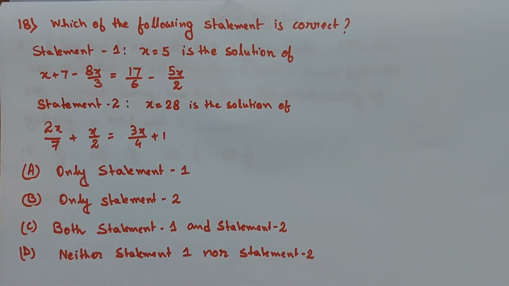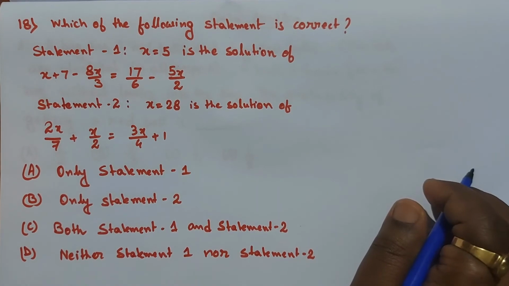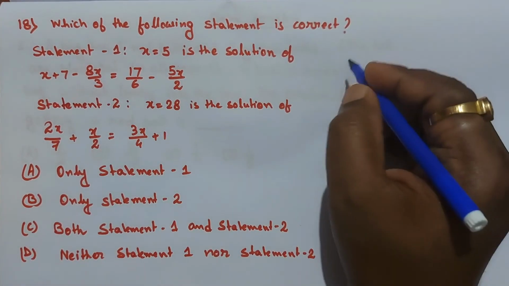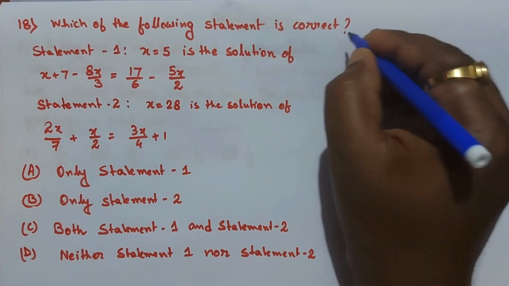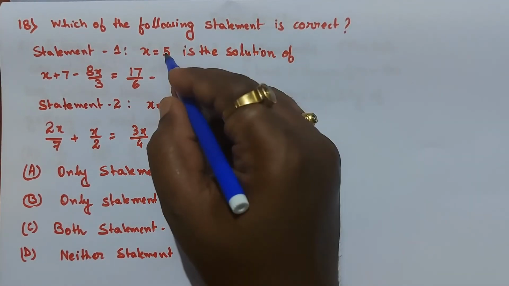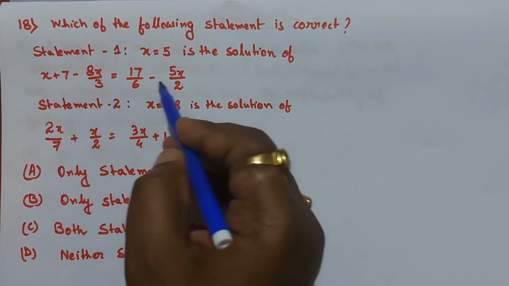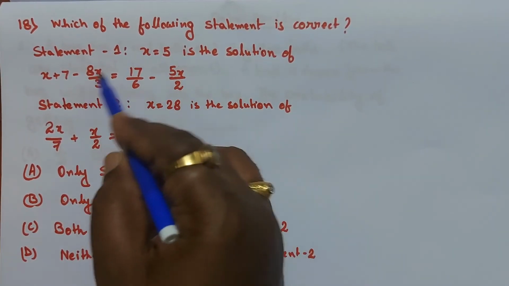How do we check whether this is the solution? If x equals 5 is the solution, then by placing the value of x, both sides should be equal.